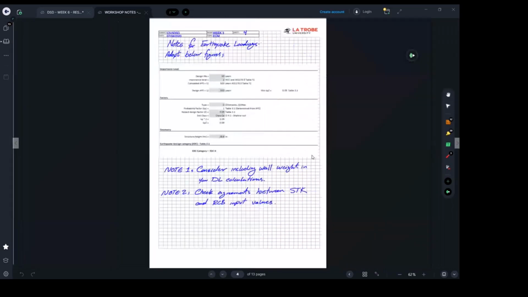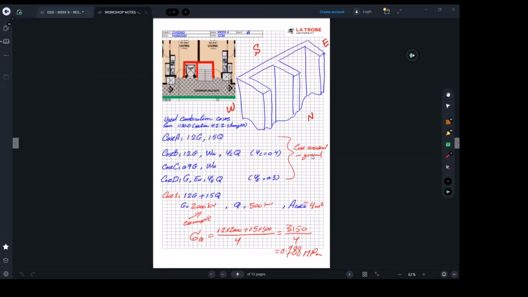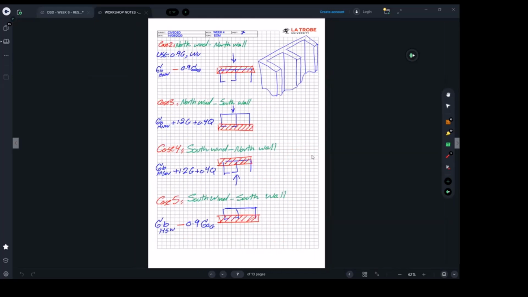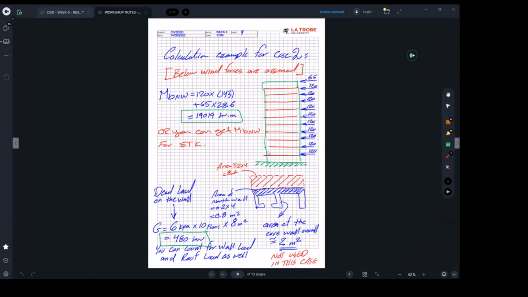Which page do you want us to talk about? In the explanation of case 2, page number 9, sir. Yes, this one.